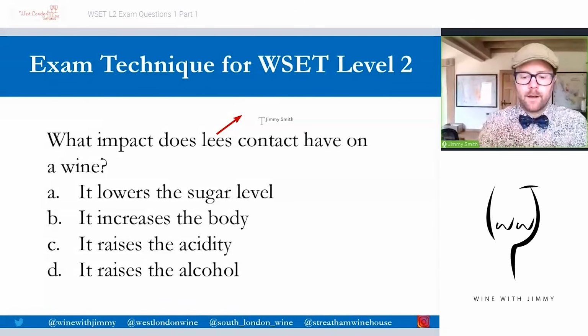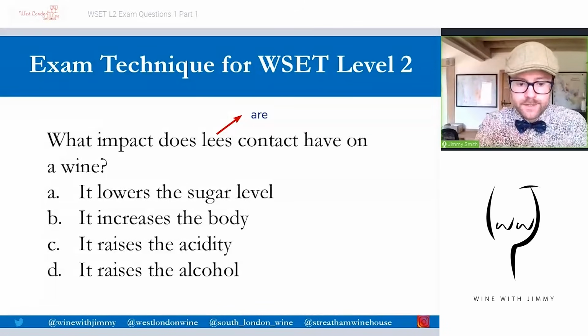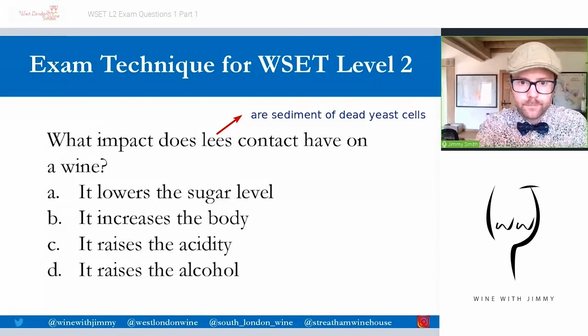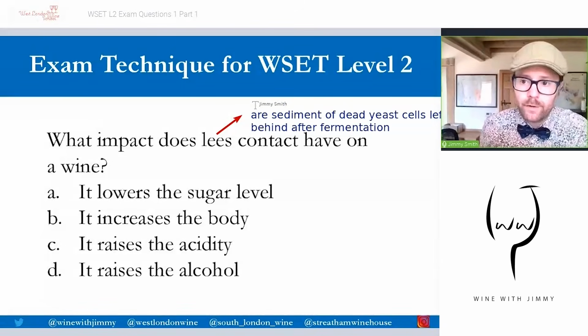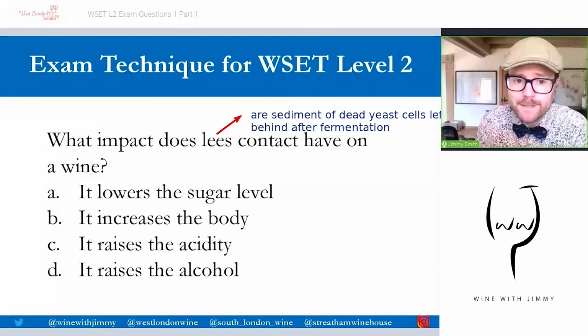So lees are the sediment of dead yeast cells, left behind after fermentation. Okay, so we've understood what lees exactly is there.